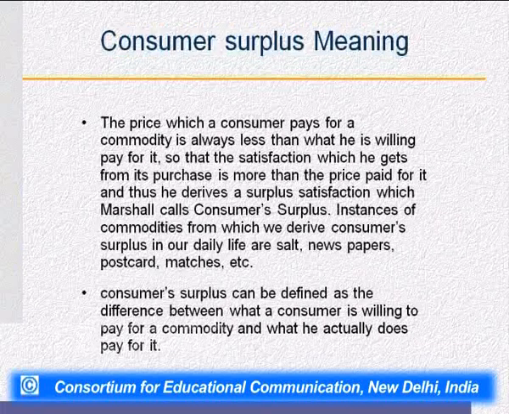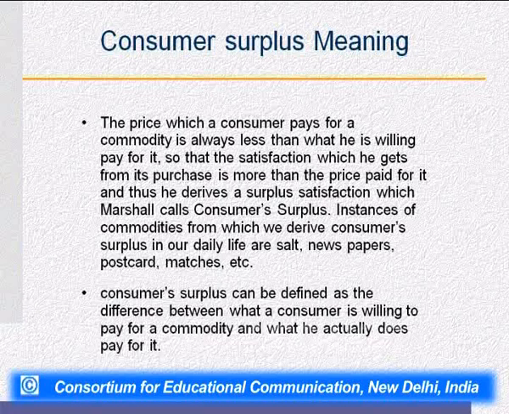Marshall suggested the price which a consumer pays for a commodity is always less than what he is willing to pay for it, so the satisfaction he gets from its purchase is more than the price paid for it, and thus he derives a surplus satisfaction which Marshall calls consumer surplus.